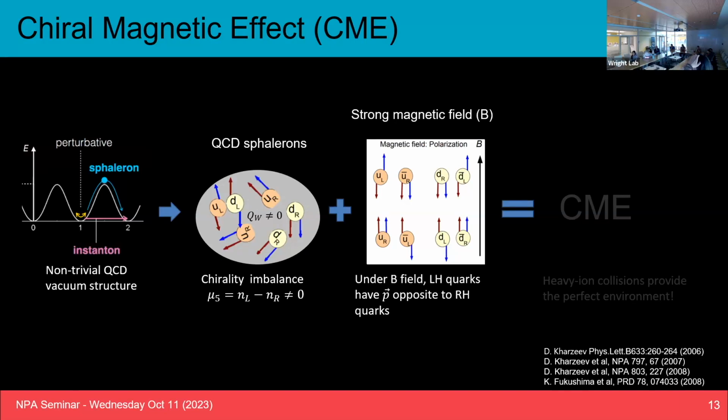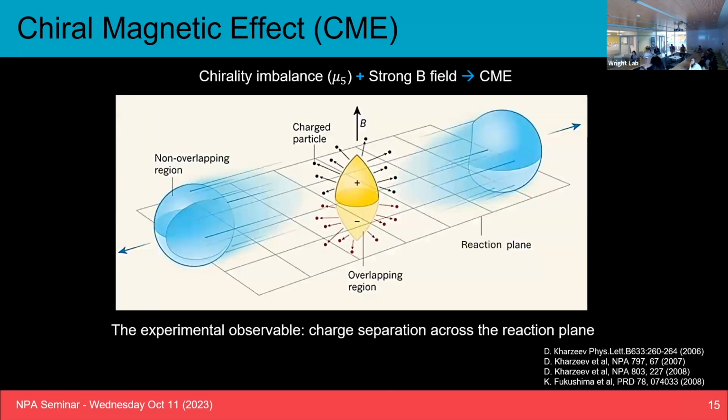So the momentum has this handedness, and then you have the CME, which is the charge separation. The heavy ion collision is really a perfect environment to look for this phenomenon. This is just putting everything together: you have the spectators creating a magnetic field, and you have charge separation across the reaction plane. Basically, you have a dipole.